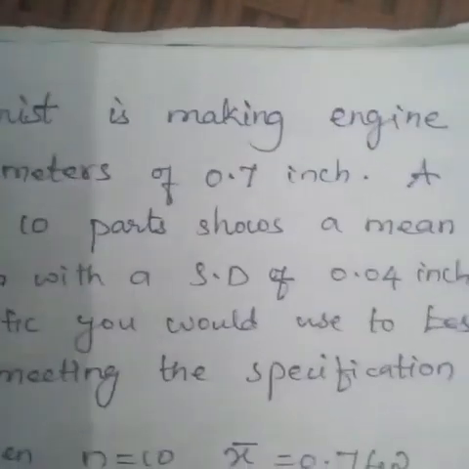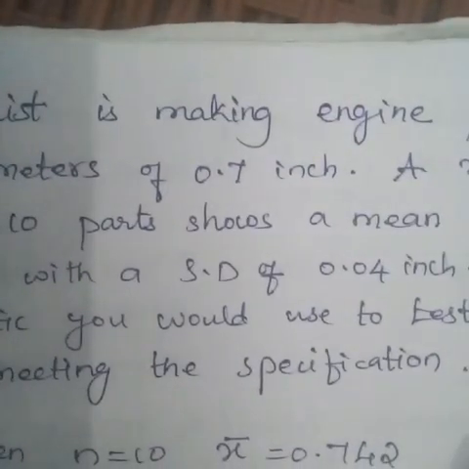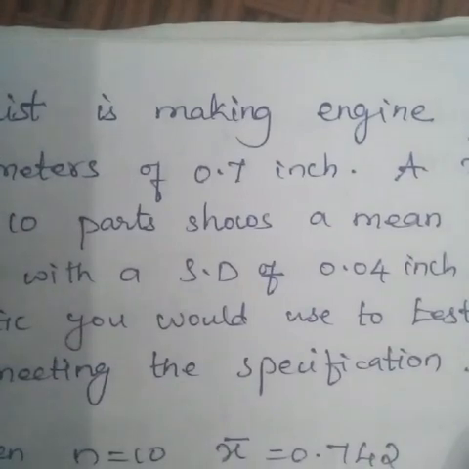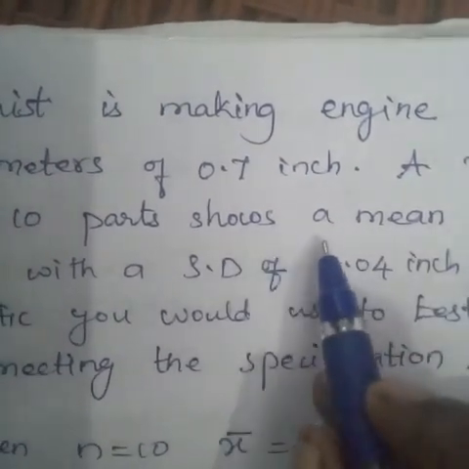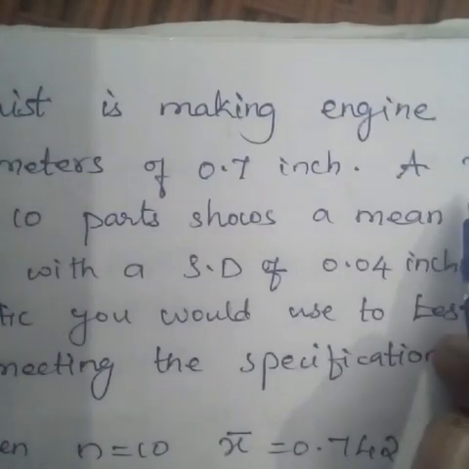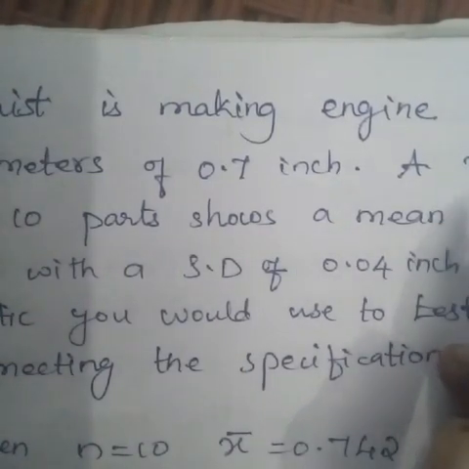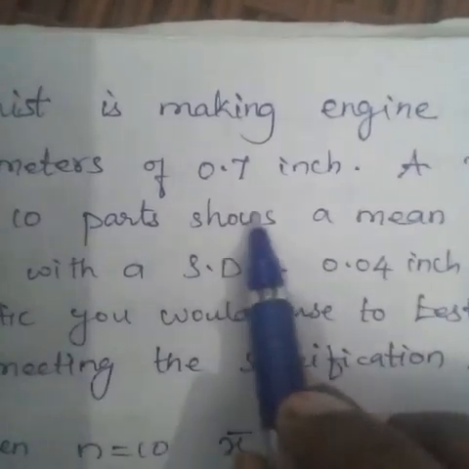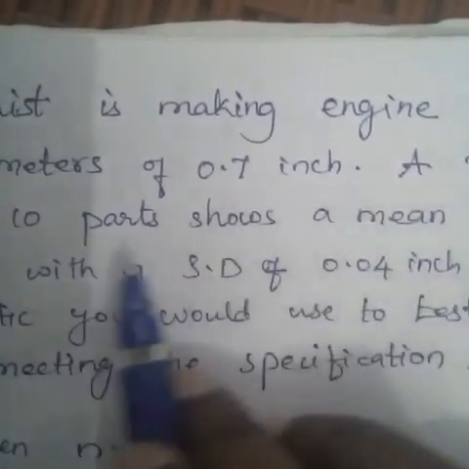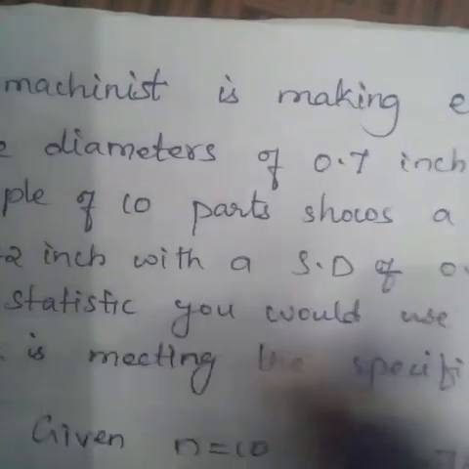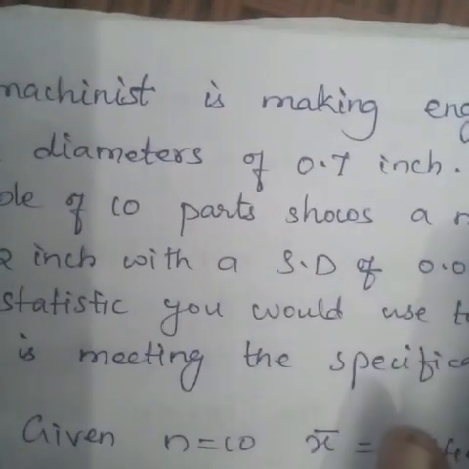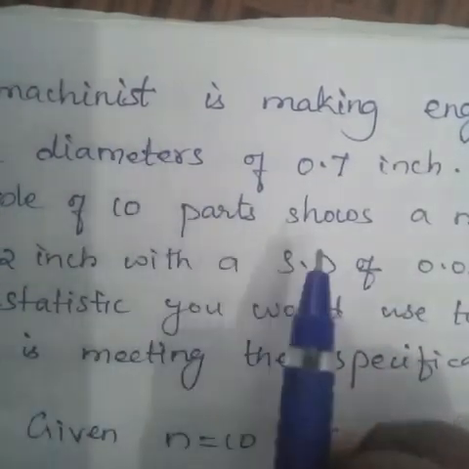That means a machinist is making engine parts with axle diameters of 0.7 inch, so the total engine parts diameter is 0.7 inch. We are taking a random sample of 10 parts out of the total parts made by the machinist.